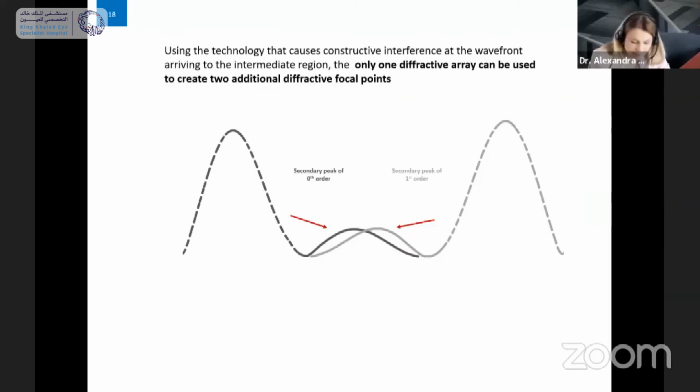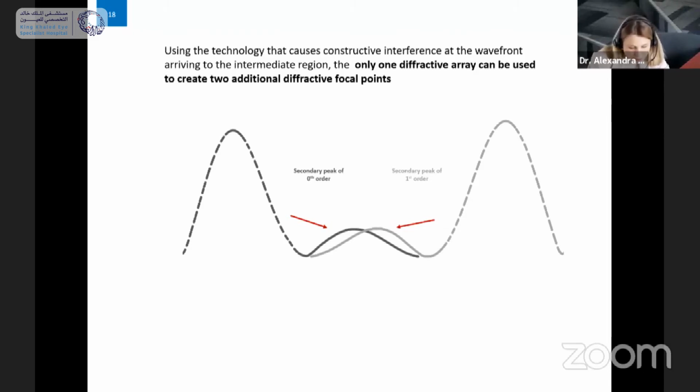So using this, and this is about using constructive interferences. You see this is a 0 order, this is a peak for far, and there are small lost energies. And this is a peak for first order for near, and this is also lost energy.